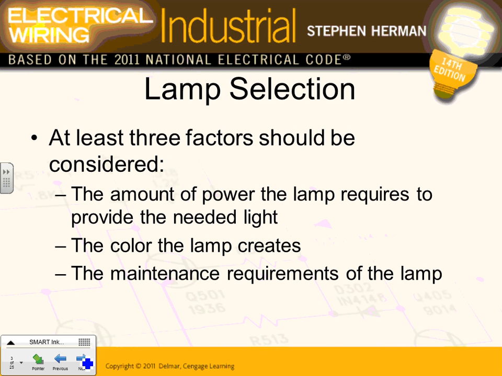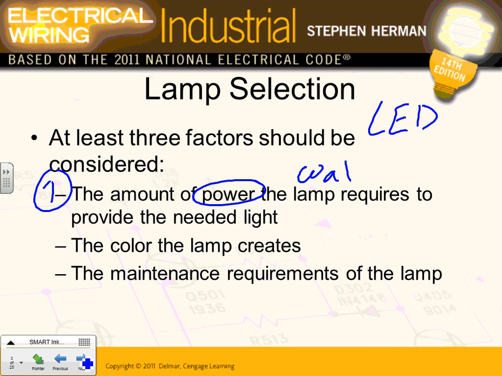Lamp selection. So 3 factors should be considered when you do lamp selection. And I know we use LEDs, right? In our project, we decided to use all LEDs. A couple of things we have to do. The amount of power the lamp requires to provide the power. So that's number 1, is watts, the watts of the fixture.